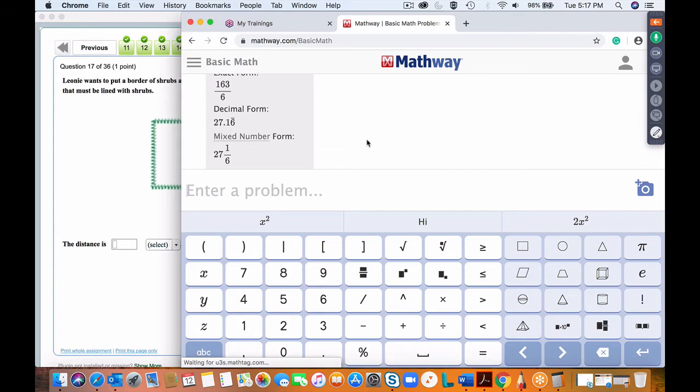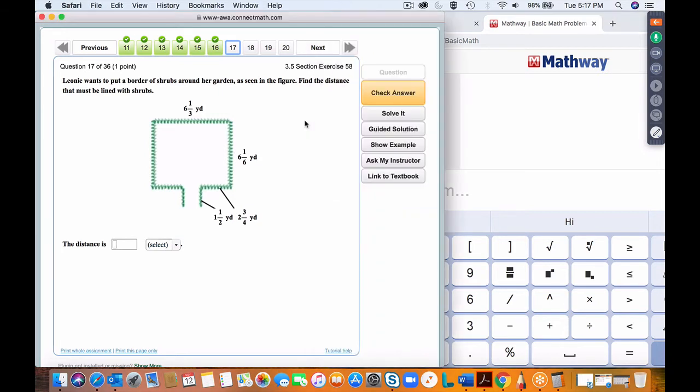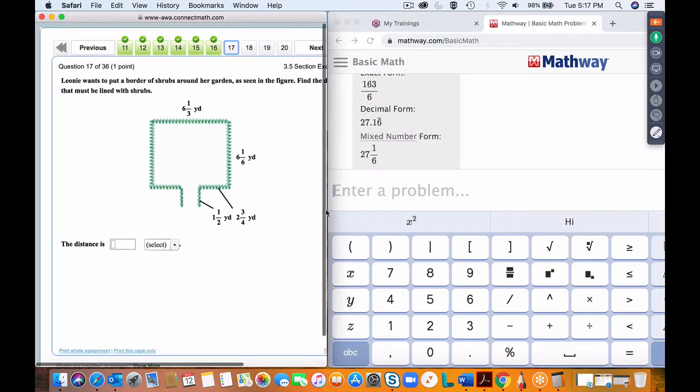Notice that they give me 3 answers: as a fraction, as a decimal, and as a mixed number. But if we pick the mixed number, we're going to be in trouble because the 6 never ends, so it's not a precise way.